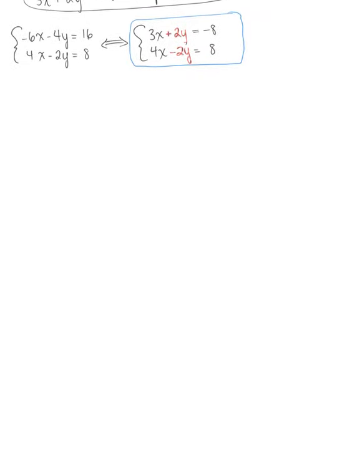So now the first thing that we want to do is we're going to eliminate y here. So we are going to add equation 1 to equation 2. And the reasoning behind this is to eliminate the y variable. So if we eliminate y, adding equation 1 to equation 2, and then solve for x.